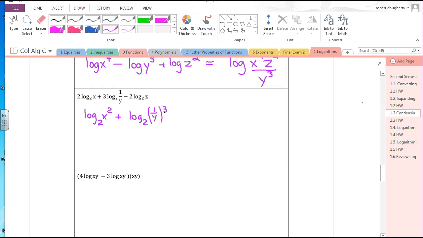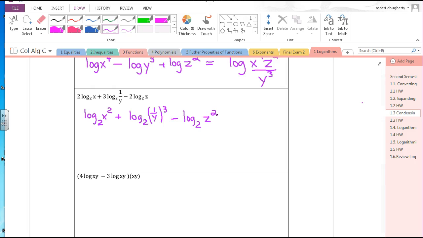Cubed, and then minus what? Yeah, log base 2 of z squared. Now I see the log of something plus the log of something minus the log of something. So I'm going to combine this. When I combine it, this and this will be what? Multiplied or divided? Multiplied.